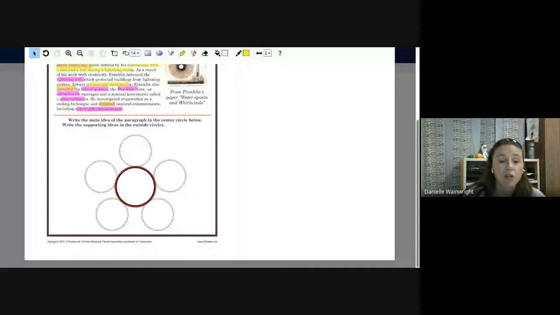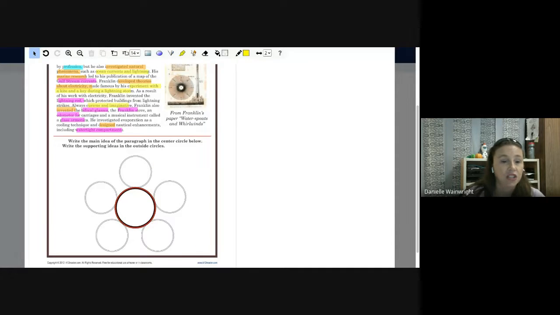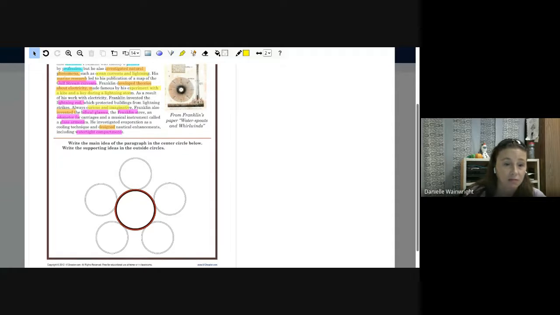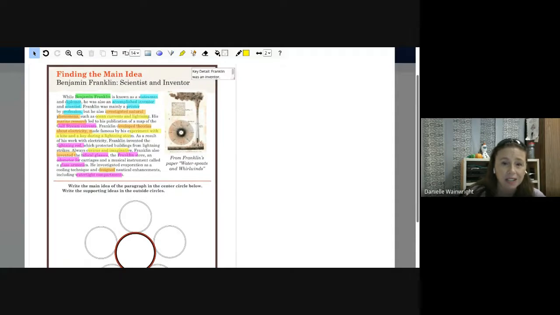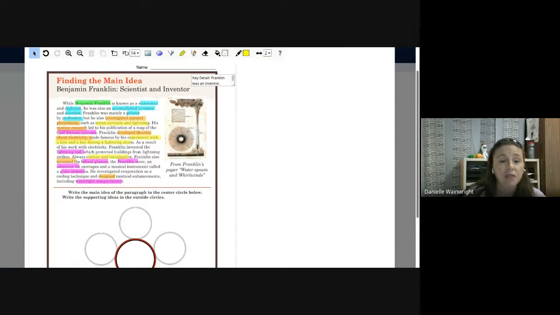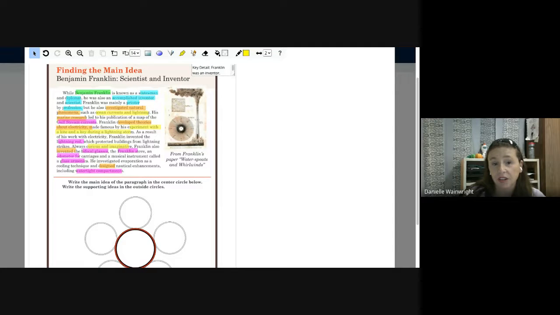This is just a graphic organizer that helps us organize our ideas. The entire text is about what? It's about Benjamin Franklin, but it's not just about him in general. Even in the title, it says scientist and inventor. So even though he was other things, this is what we're focusing on. So we're going to write Benjamin Franklin.